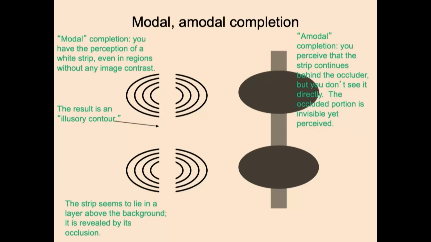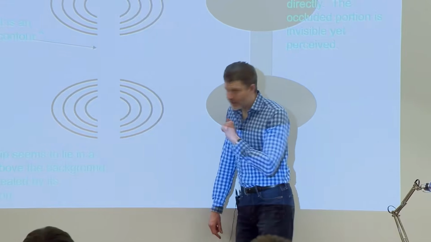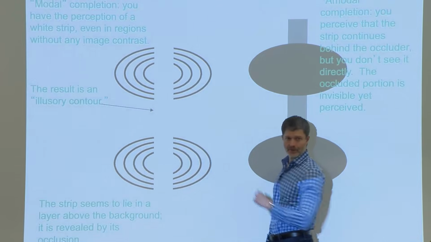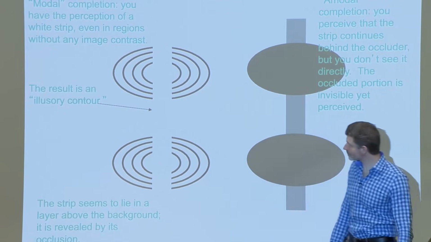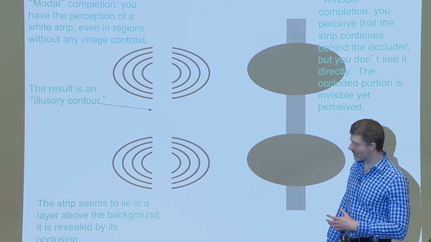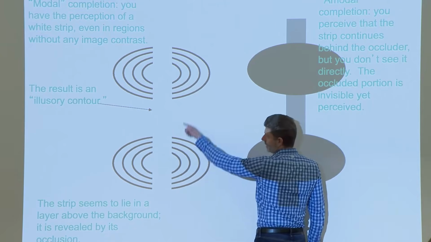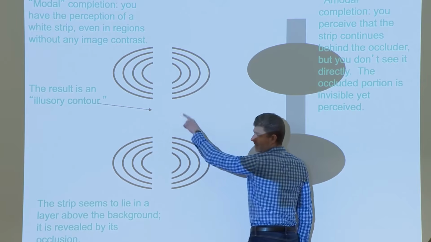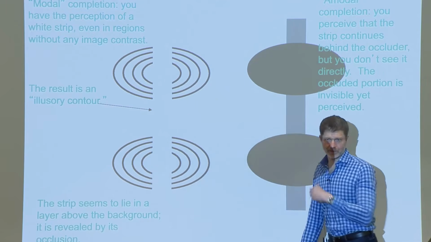Okay, so in this particular case, when you look at this, you all probably have the impression that there's kind of a white strip, right, that's vertically oriented. Okay. And we call this an illusory contour because there's a sense in which it sort of looks like there's an edge here, right? But actually, there's no contrast in the image at that location, right? The whole thing is just white.